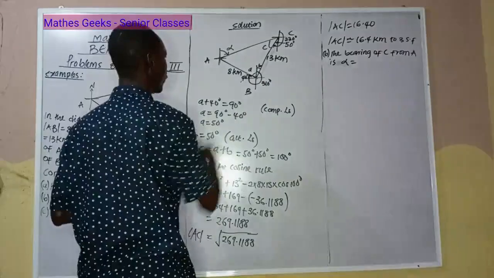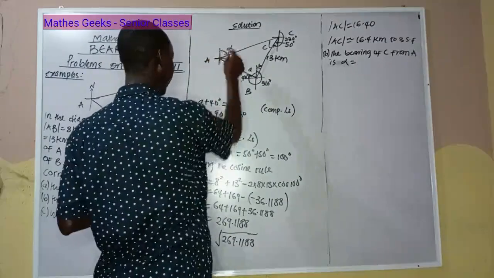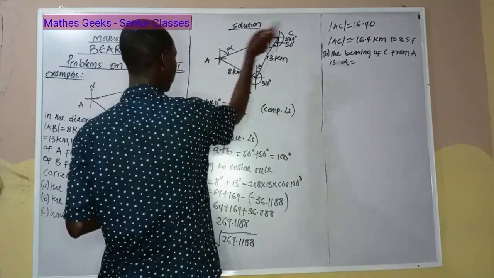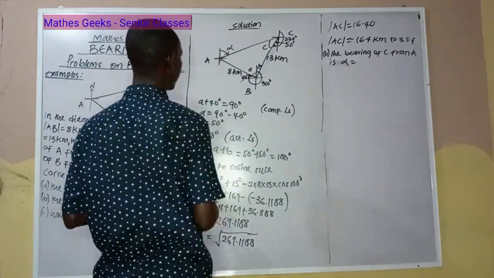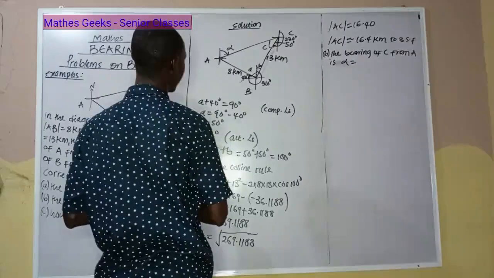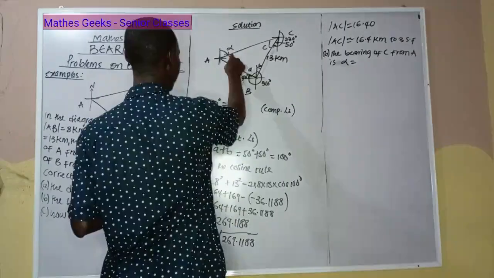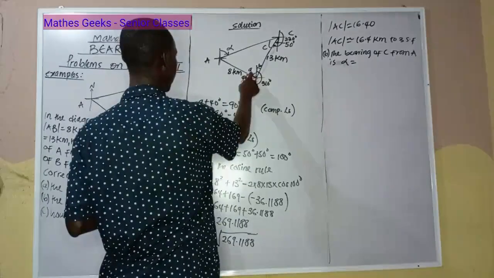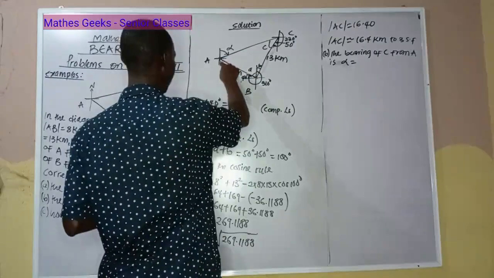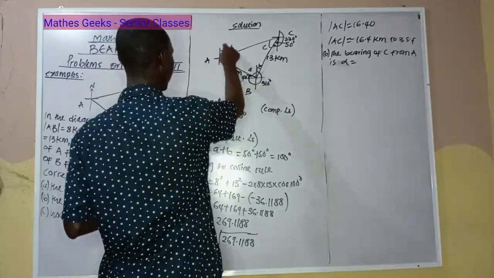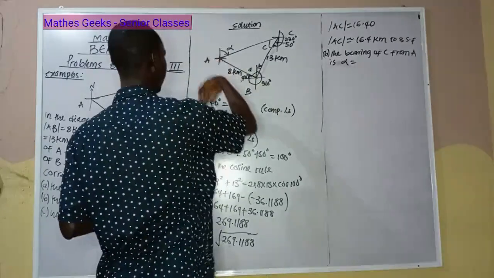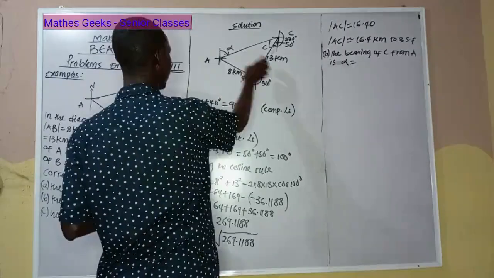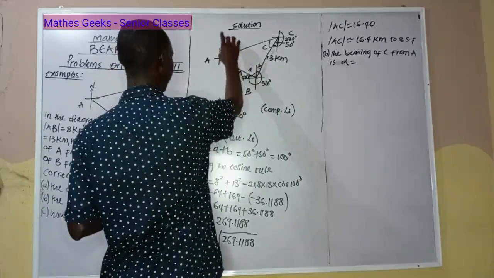If you look at it, we don't have to look for this angle, although we could have. We could have looked for this angle, and since here is 40 degrees and here is A, we could get this angle and then use the sum of angles on a straight line: alpha plus this angle plus this angle equals 180 degrees, then subtract to get alpha.